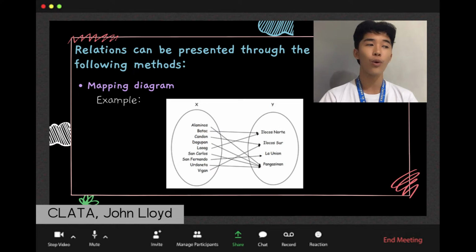And for the y coordinates, we have Ilocos Norte, Ilocos Sur, La Union, and Pangasinan. Alaminos and Dagupan, San Carlos and Urdaneta are located in Pangasinan. Batac and Laoag, on the other hand, are located in Ilocos Norte, and Candon and Vigan are located in Ilocos Sur, and lastly, San Fernando is in La Union.